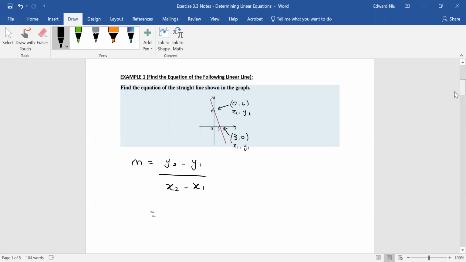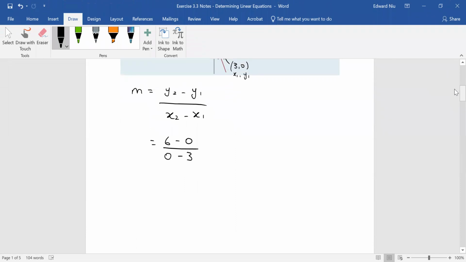If we plug in our values from the graph, y2 is 6 take away y1, which is 0, divided by x2, which is 0, take away our x1 value of 3. The value on the top is 6, the value on the bottom is -3. 6 divided by -3 gets us -2.